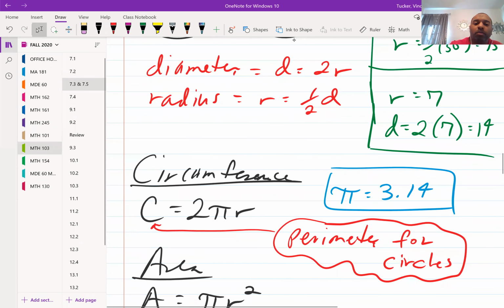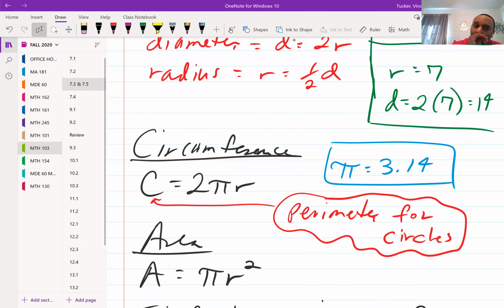When we talk about the circumference formula and the area formula for the circle, circumference is 2 pi r, 2 times pi times r. Area is pi times r squared. Circumference is basically the perimeter for circles. When you're talking about a perimeter, you're adding up all your sides, but a circle doesn't have sides.